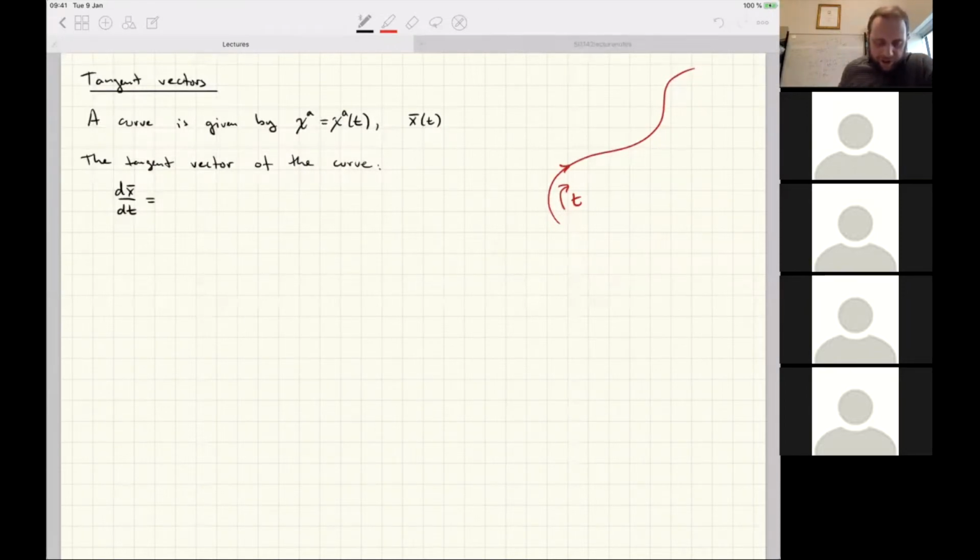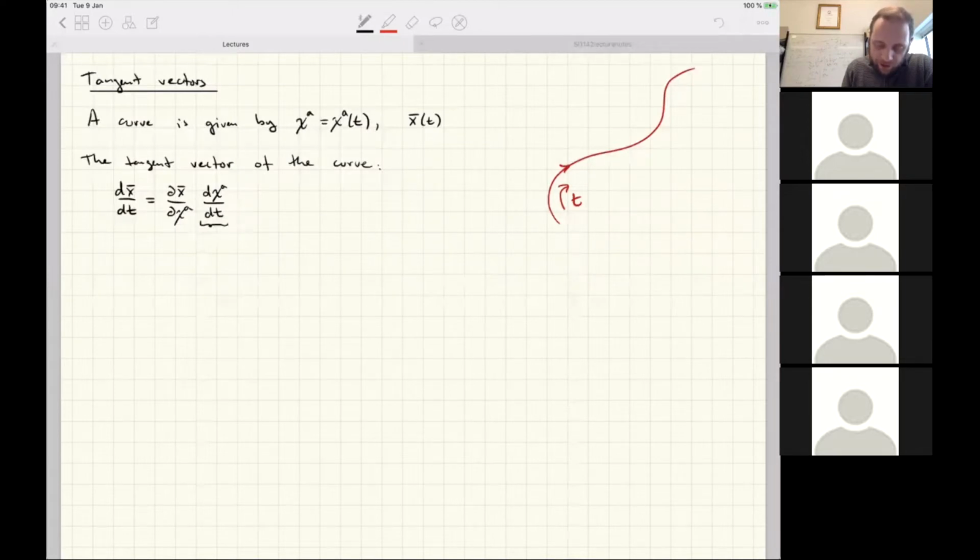So again, our favorite relation here is the chain rule. We can rewrite this as the derivative of the position vector with respect to the coordinates times, sorry, it's a total derivative, the derivative of the coordinates with respect to t.